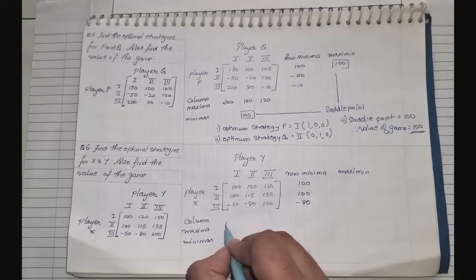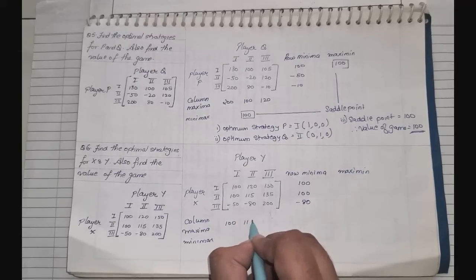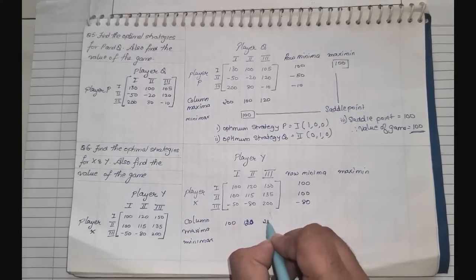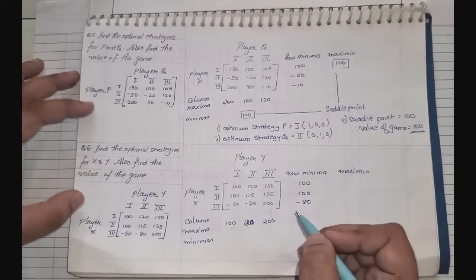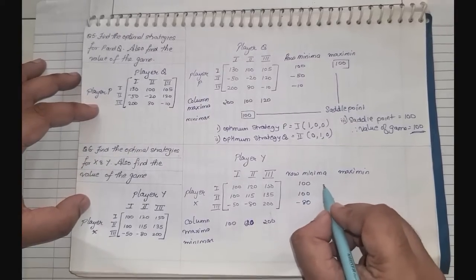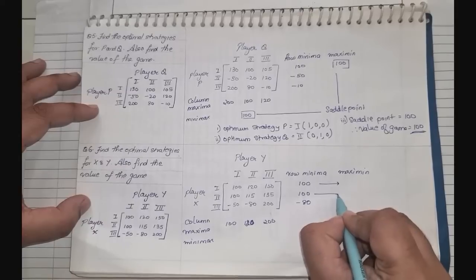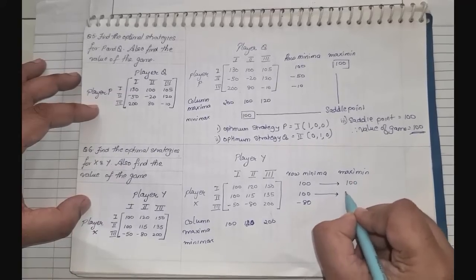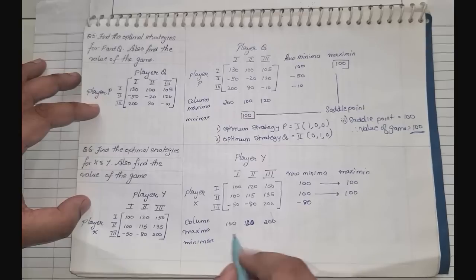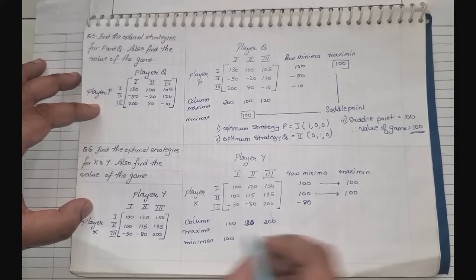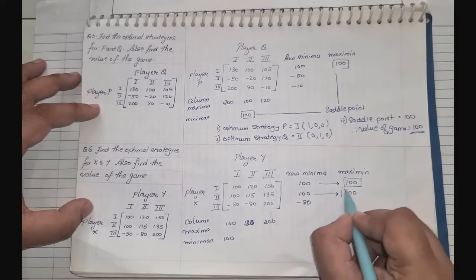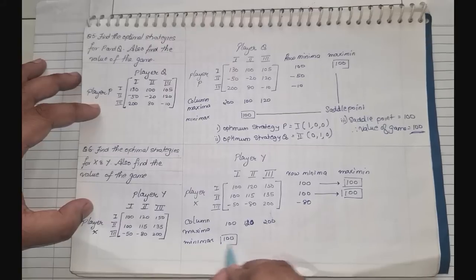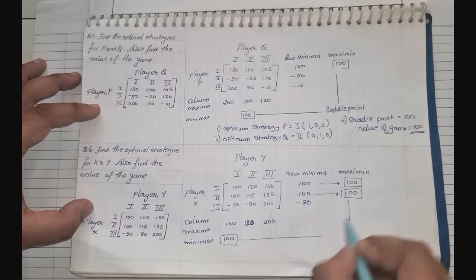In column the maximum is 100, 120 is the highest, and 200. Now the maximin, if you look carefully, there are 2 maximums and both are 100. From maximum the minimum is 100. So now we have 2 in maximin. Okay, so now both of these will become our saddle point.